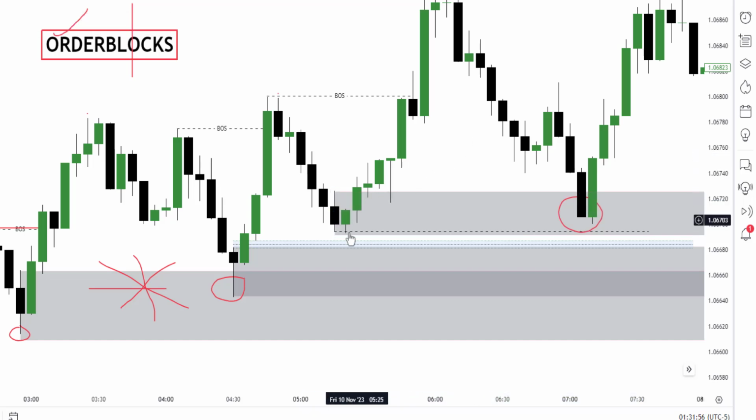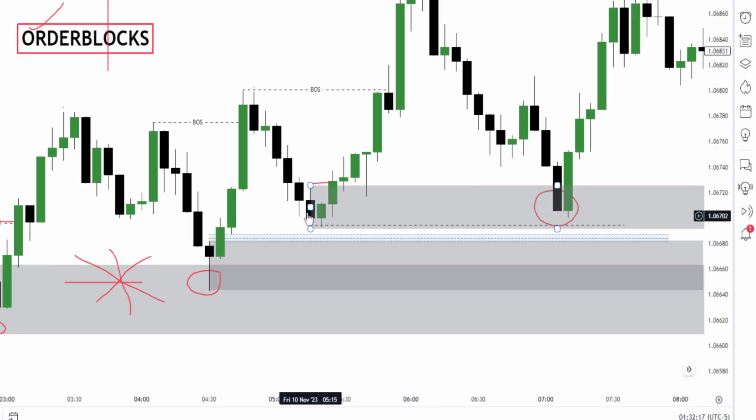Now it is okay for price to have more than 1 or 2 candlesticks that close above the order block. All right, you can have 1, 2, even 3 to 4 bullish candles that completely close above it. It is still a valid order block. So in marking the order block, you can mark out just this black candle, that is the sell candle.